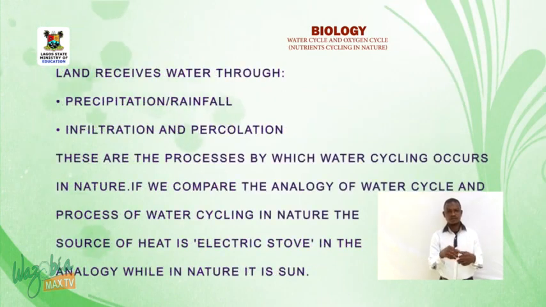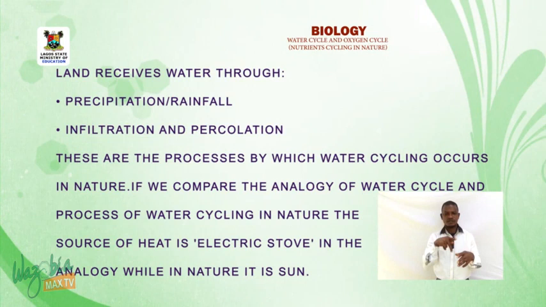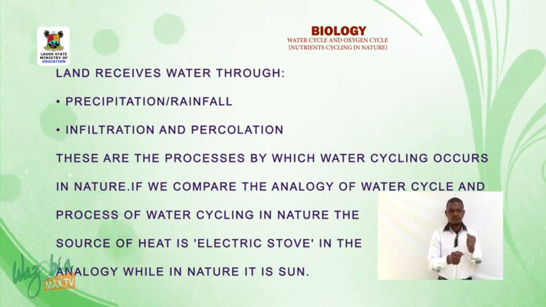Land also receives water through precipitation or rainfall, infiltration, and percolation. These are the processes by which water cycling occurs in nature.